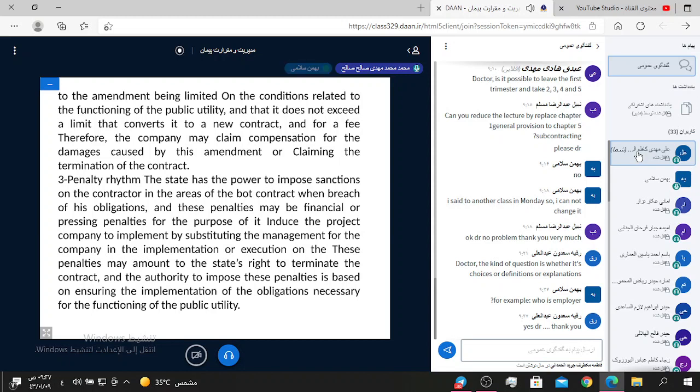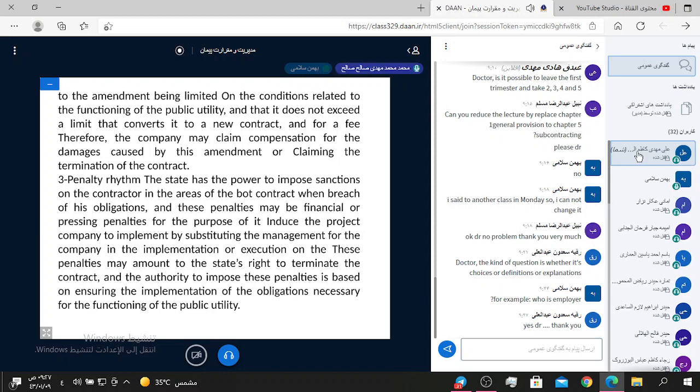Therefore, the company may claim compensation for the damage caused by this amendment or claim the implementation of the contract.